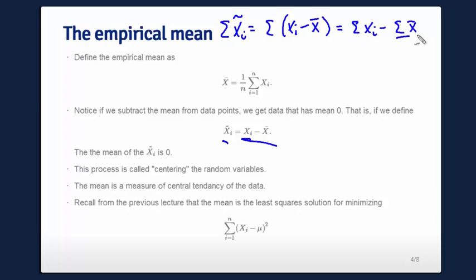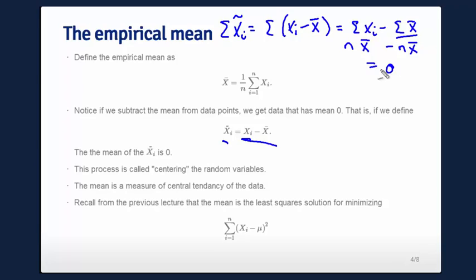But x bar doesn't depend on i, so this is just n x bar, because we've added x bar n times. And the other term is just the average, but we haven't divided by n, so this is also n x bar. So that's equal to 0. This process is called centering the random variables.